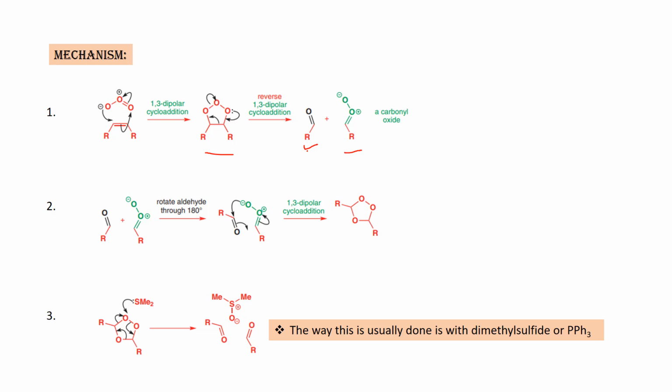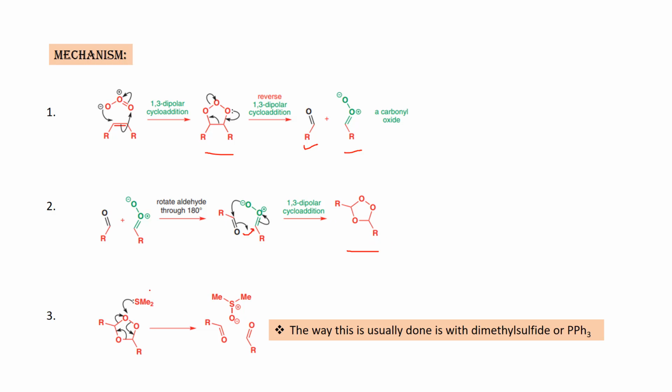So one molecule of ketone is already generated. This part will again combine with this one and form this intermediate. This part is coming here and this oxygen center is attacking here. So it's forming this intermediate.